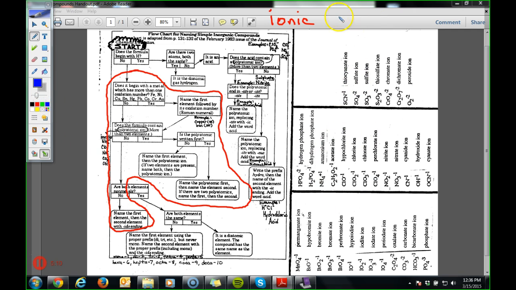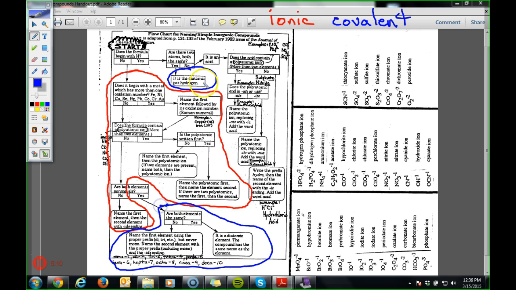Well, we just talked about covalent bonds, and if we are going to name something as a covalent molecule, we will end up on this part of the table, and that is simply H2, which we could almost delete here because we end up there, and if we have two hydrogens, it's called hydrogen.